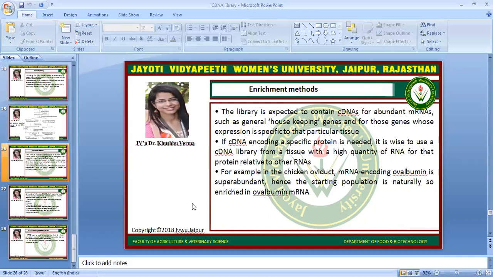For example, in the chicken oviduct, messenger RNA encoding ovalbumin is super abundant. Hence, the starting population is naturally enriched in ovalbumin messenger RNA.